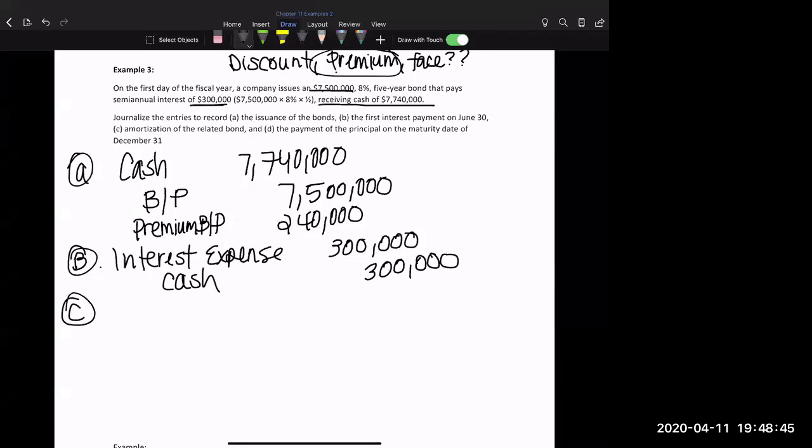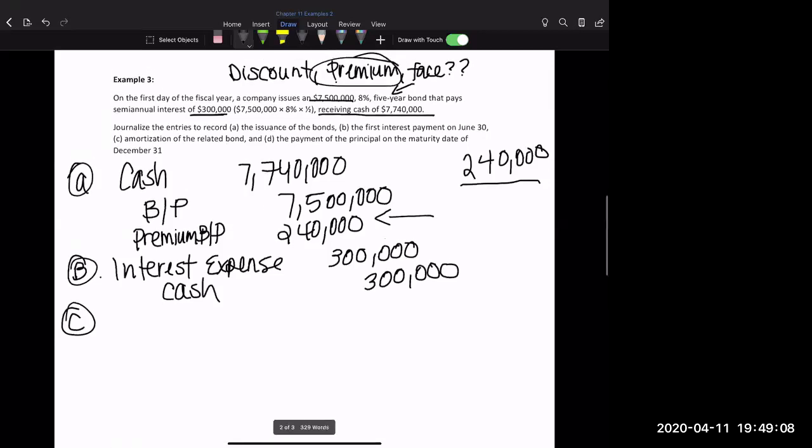C is the amortization of the related bond. We now have to amortize this particular bond, right? To do that, we take the full amount of the premium, which is the 240,000, and divide it by our number of periods. The way we get our number of periods is we look at the term of the bond, which is 5 years, and we're doing it semi-annually, so times 2. Therefore, our number of periods equals 10 periods.